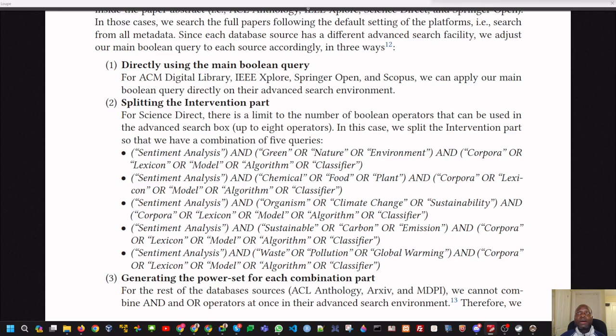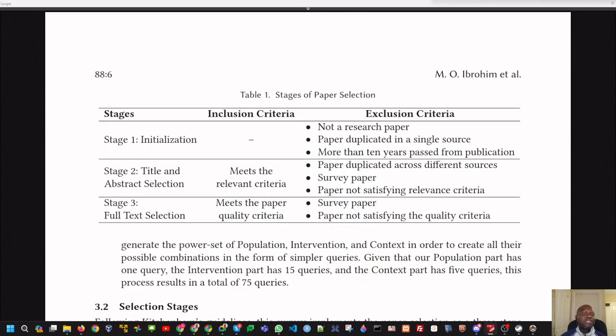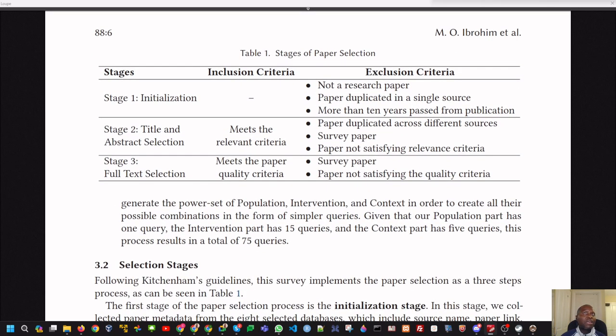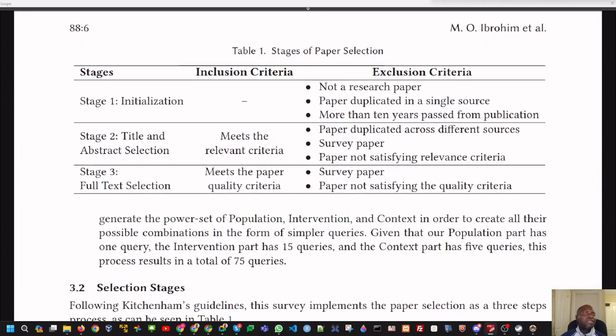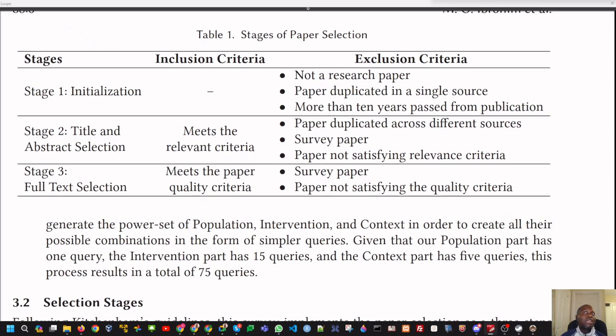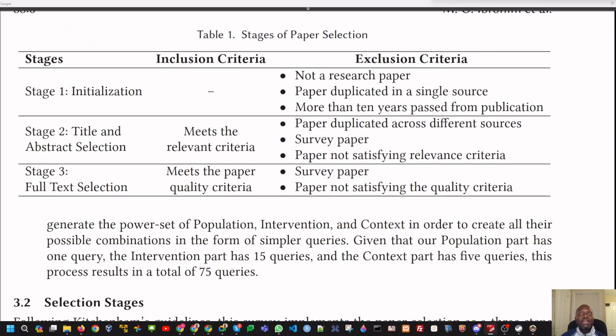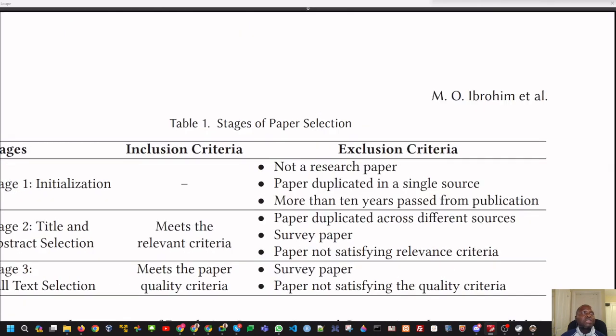So, of course, they come up with a process which defines the various stages, especially the inclusion and exclusion criteria. This is actually very important.